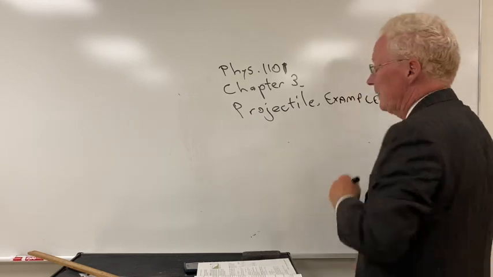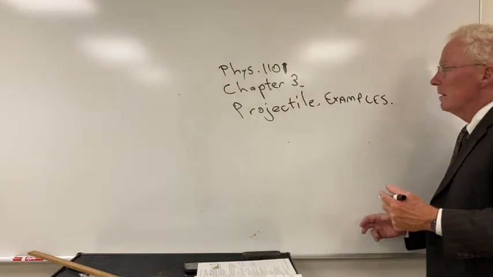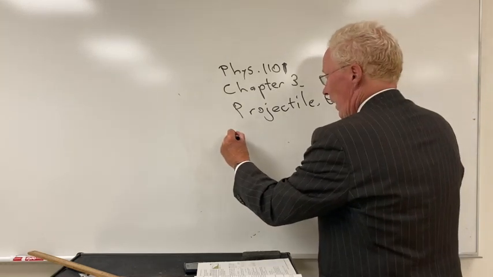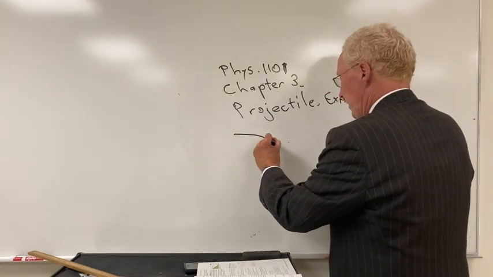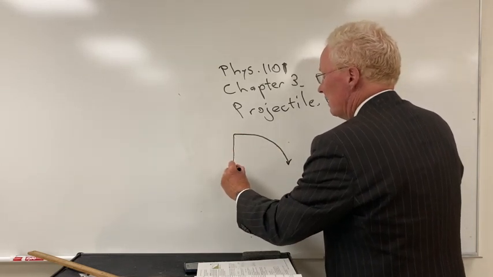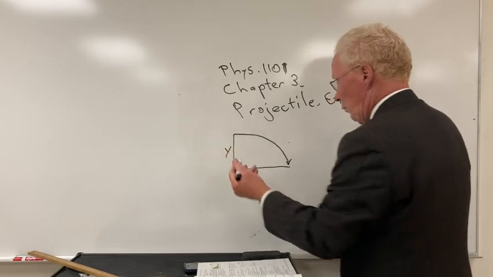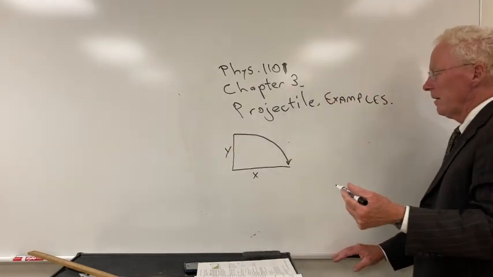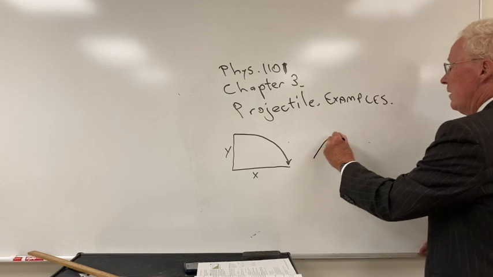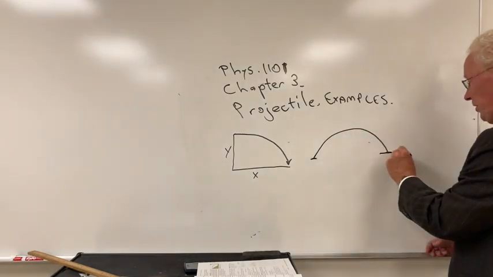All right, now we're going to be looking at the example of objects thrown horizontally, or tossed horizontally, and it lands a distance x away and falls a distance y. Right. This compares to our problem of when we launch a projectile.